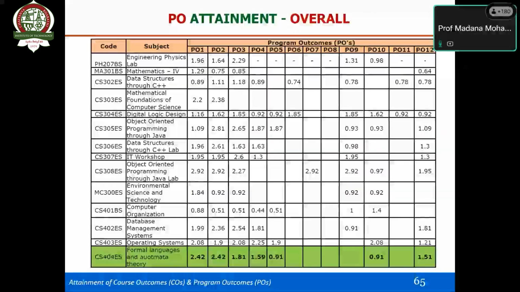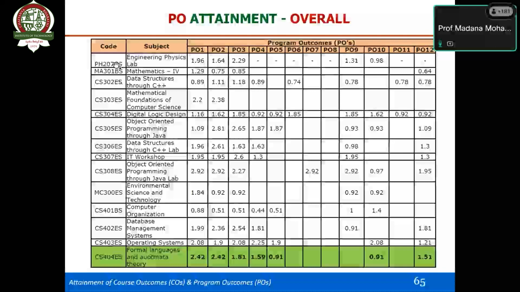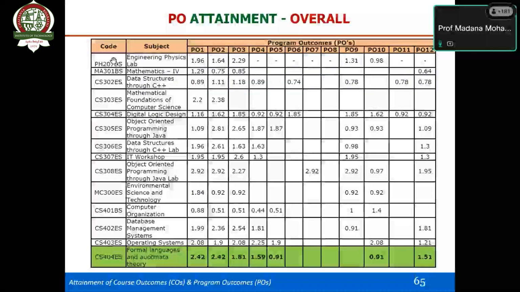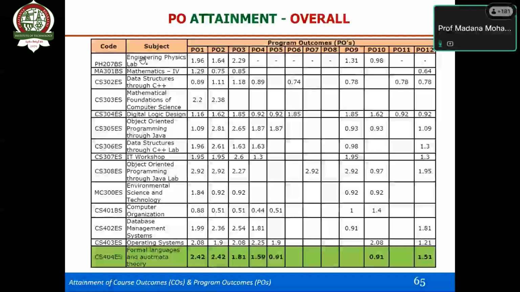Then you can consider overall PO attainment. For that, what is the data required? In your program, whether it is BE or ME or MBA or MCA, whatever the program, for that particular regulation, particular academic year, particular batch, list out all the courses from first year to final year.